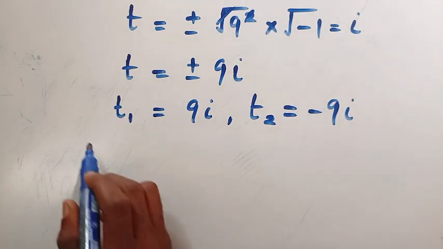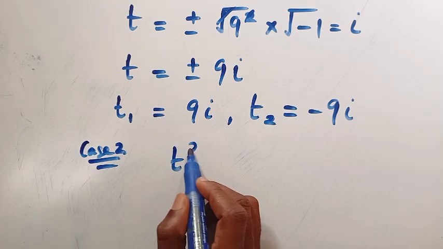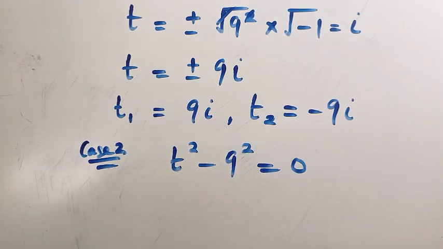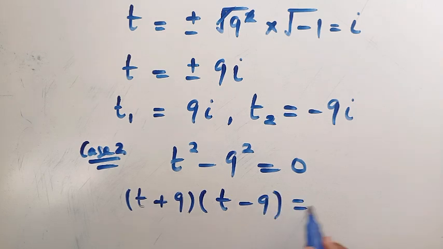Again, when we consider the second case, case 2, where we have t squared minus 9 squared equals 0, this is difference of 2 squares, just as we applied above. So by applying the rule, we are going to have t plus 9, then multiply by t minus 9 equals 0.